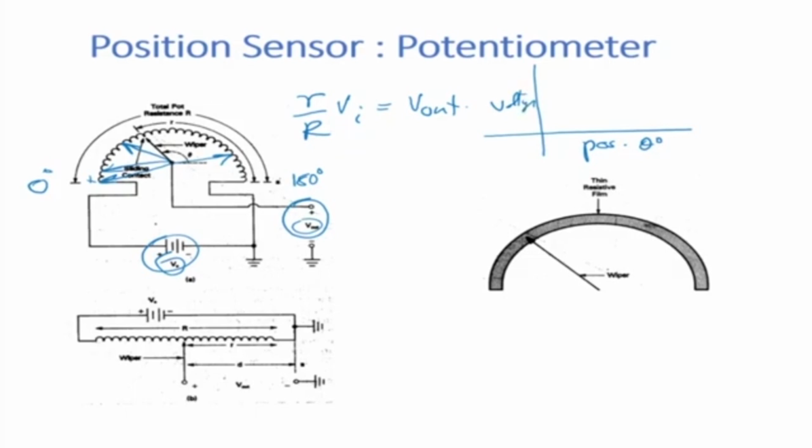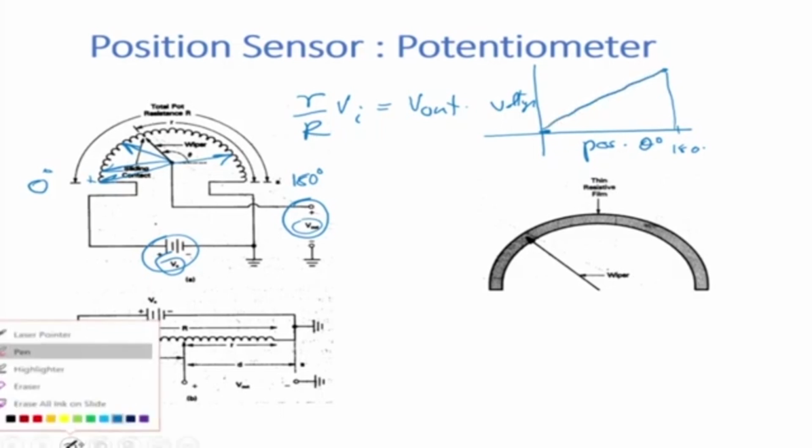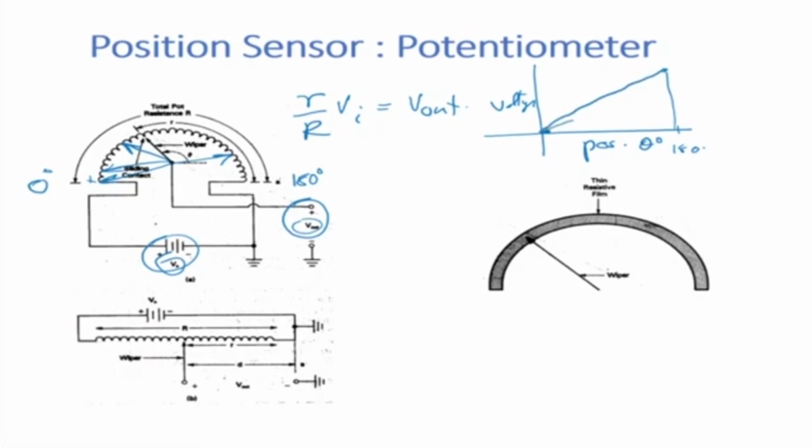For 0 volts, it will be at one end, and this is 180 up there. Theoretically it should be a straight line, but normally it will not be a straight line. It will be slightly curved like this. Why is that so? Because resistance is affected by a lot of things. This is called the nonlinearity in the system, which is sigma.